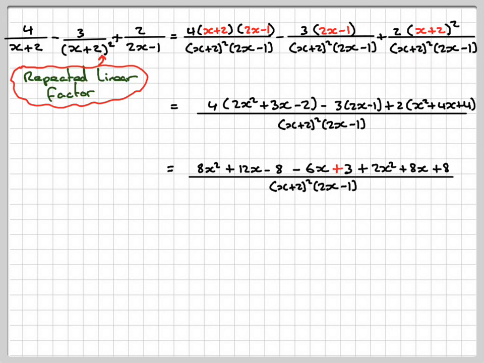Collecting together like terms, 8x squared and 2x squared makes 10x squared. And then we've got 12x minus 6x plus 8x, which makes 14x. And then we've got minus 8 plus 3 plus 8, so it's just going to leave plus 3 on the end.